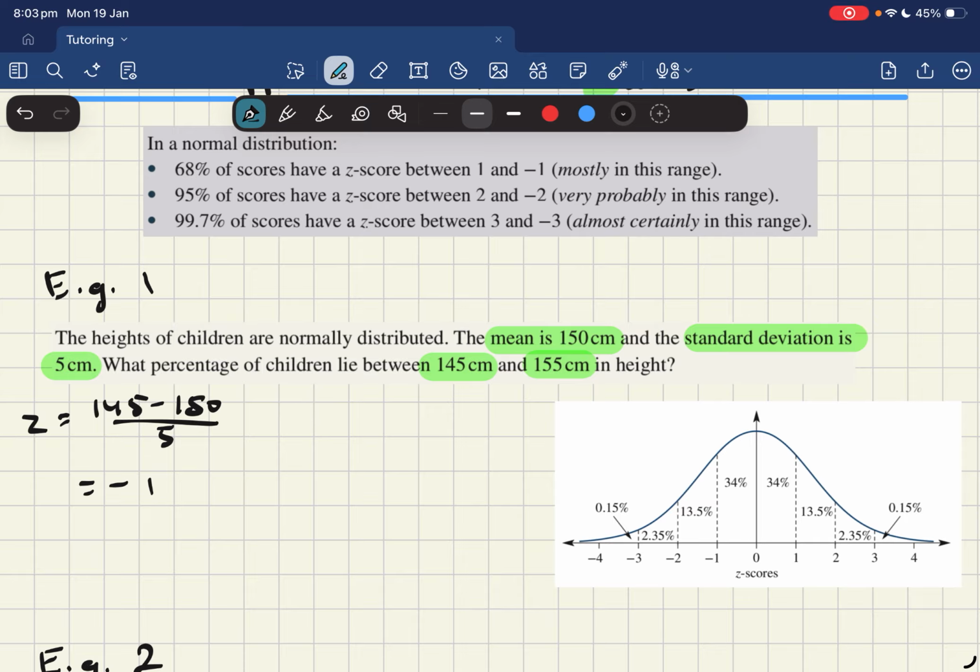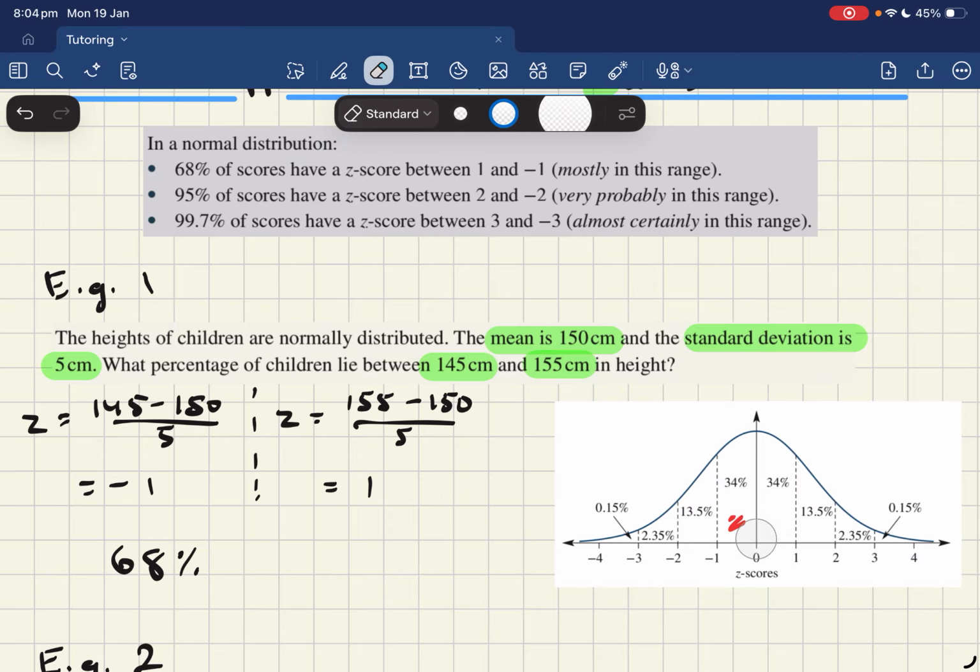And for the other, we do 155 minus 150 over 5, and that gives us +1. So we are between -1 and +1. So in this section of our normal distribution, 34% plus 34% is our 68%. So we know 68% are between 145 centimeters and 155 centimeters in height.